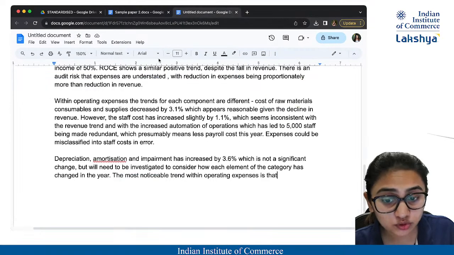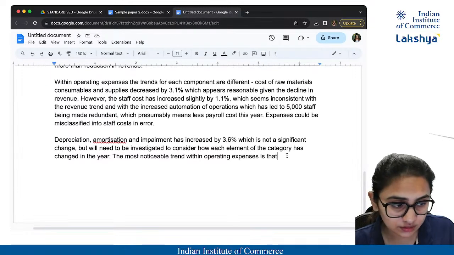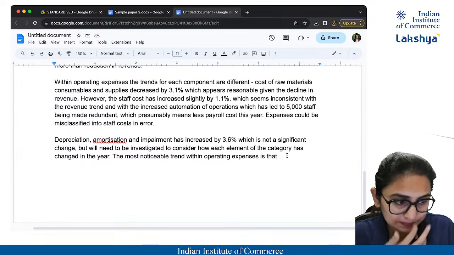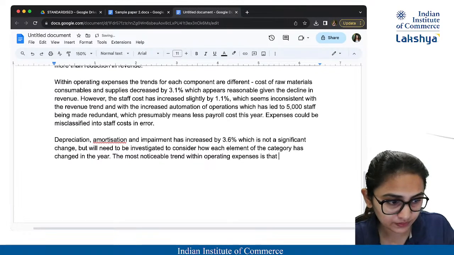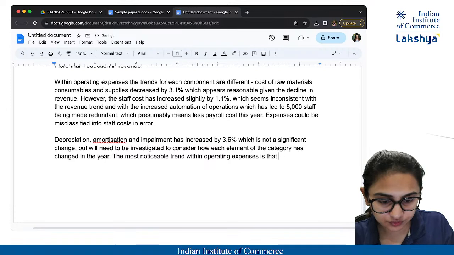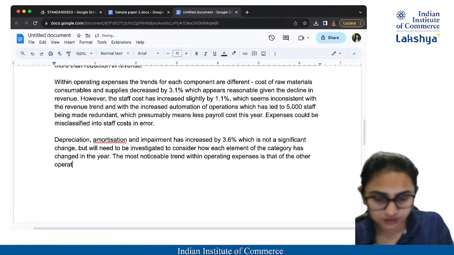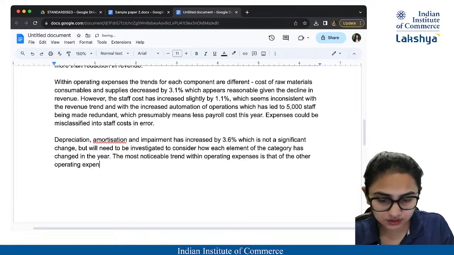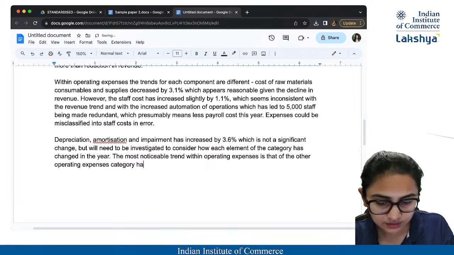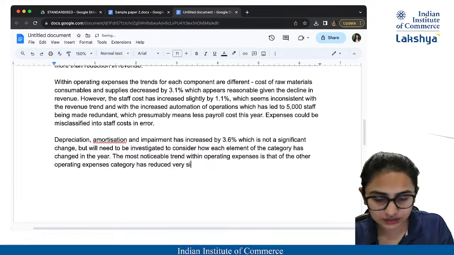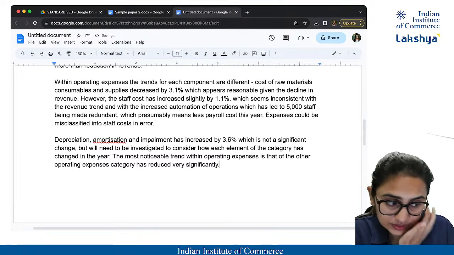So that is the most noticeable trend, that the other operating expenses category has reduced very significantly.